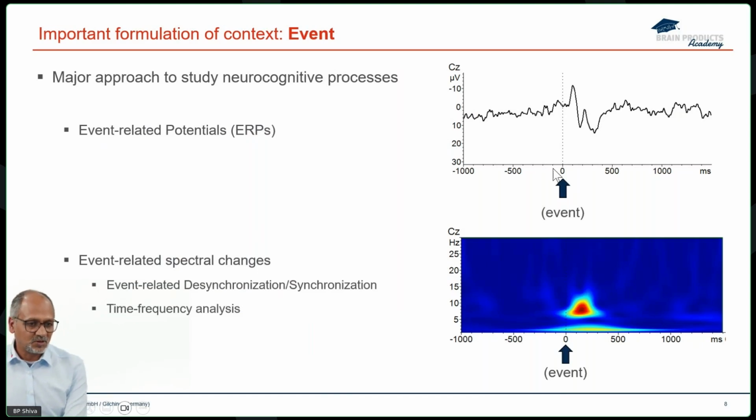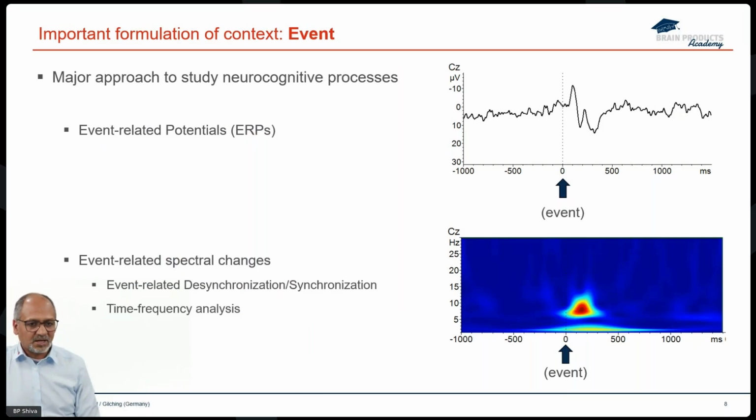If you look here on the right, this is a classical ERP plot, and on the time axis you can see there is a 0 here, and this is typically indicating when a particular event happened and the changes in the potentials relative to this event. And this is the same when you look at, say, time frequency analysis. The 0 here often refers to changes, for example, in the oscillatory power, different frequencies relative to some event.